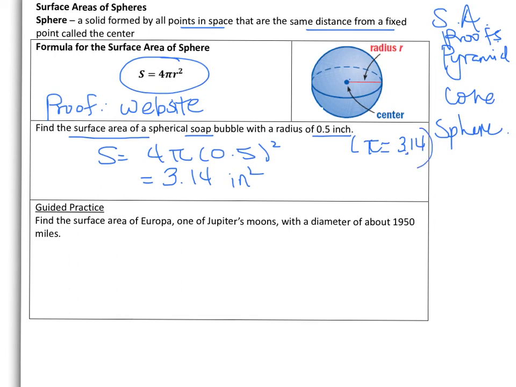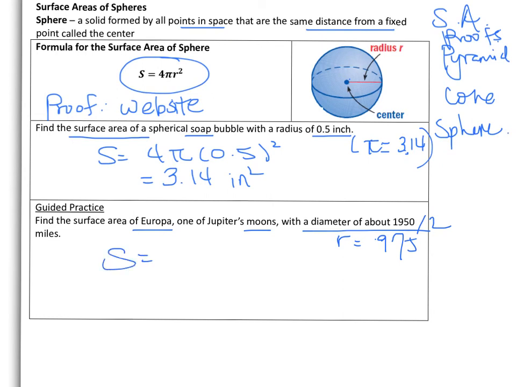Find the surface area of Europa, one of Jupiter's moons. The diameter is about 1950 miles, so you need to divide that by 2 before you plug in the radius. So the radius is 975.